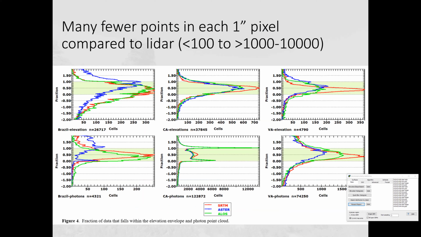Okay, now when we try to normalize the point clouds, you'll see that everything is pretty noisy because in each pixel, we've only got 100 points compared to 1,000 to 10,000, and then we've got a much smaller number of cells overall. Because again, we said at best right now, ICESat-2 covers 2% or less than 2% of the 1 degree cells within the areas.